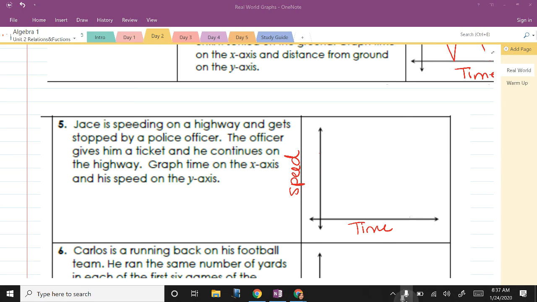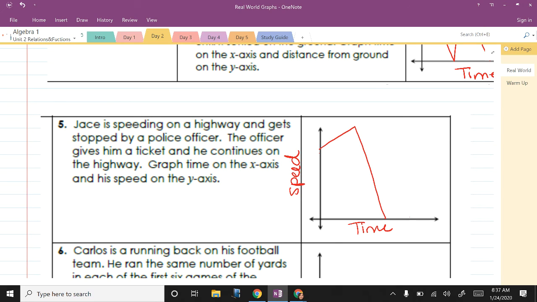He didn't say he was accelerating, right? So this could be going like this. Does that make sense? Or it could be level. And then it goes down because he gets stopped, so he eventually comes to a stop. However you want to do it. No, I'm not talking about dying. I'm sure he didn't just completely slam on his brakes because he might have been in traffic, right? But even if you do slam on your brakes, y'all, your car does not just stop automatically, right?